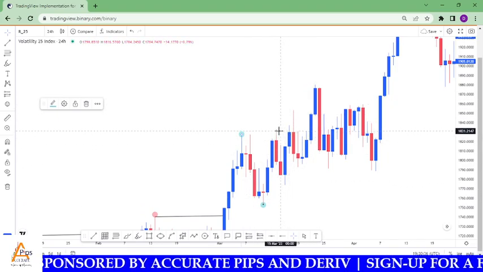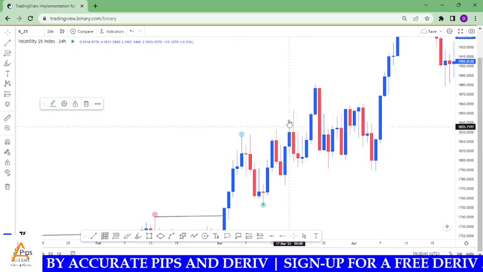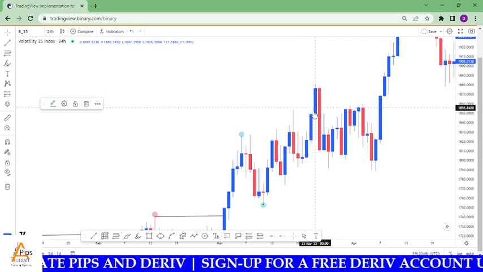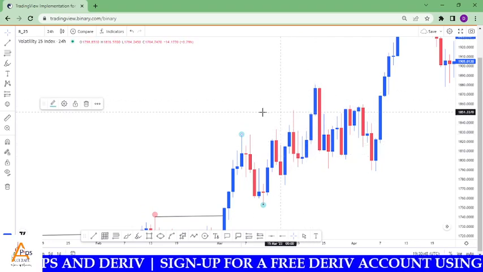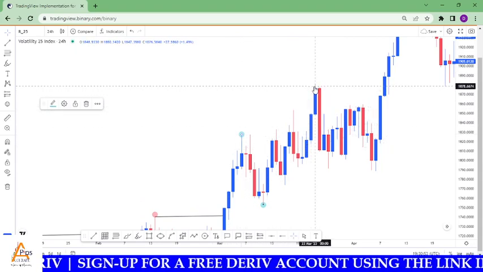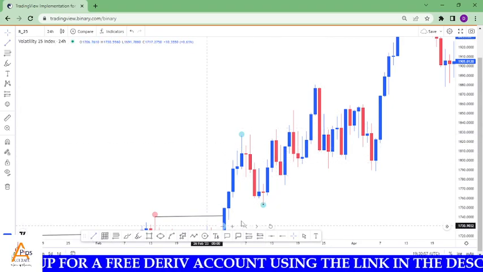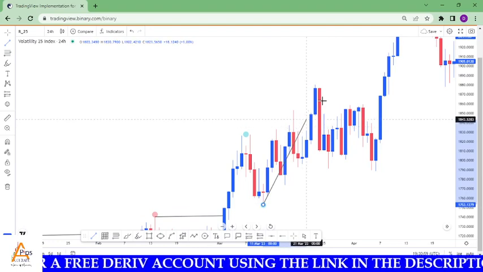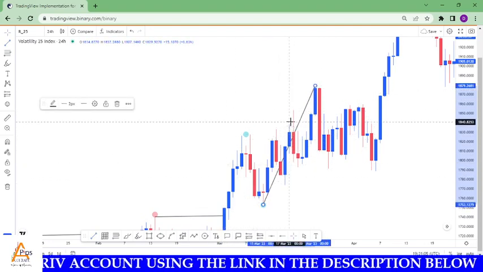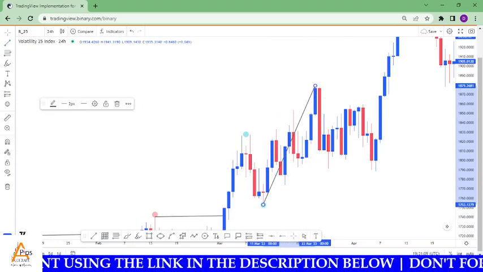This guy also didn't close a candle body above both this and this movement; it just wicked above it. So this is the main guy that closed a candle body above all of them, and we will consider it our main move. So this whole movement here is a single leg, the whole impulse from here to here, just that we have minor impulses in between.